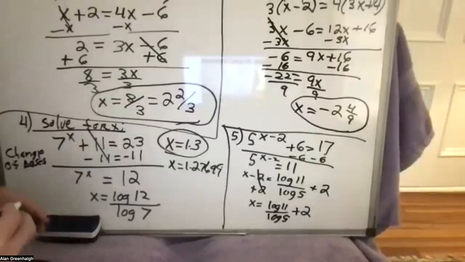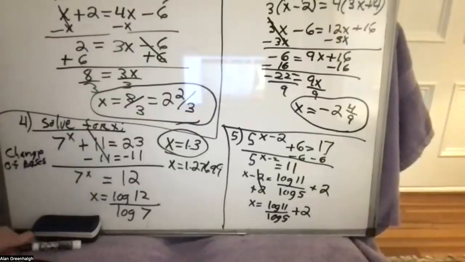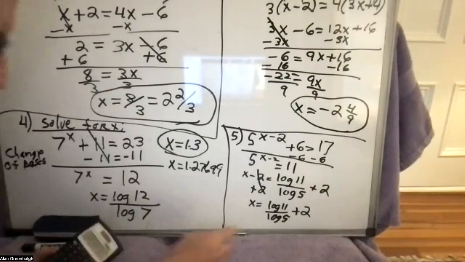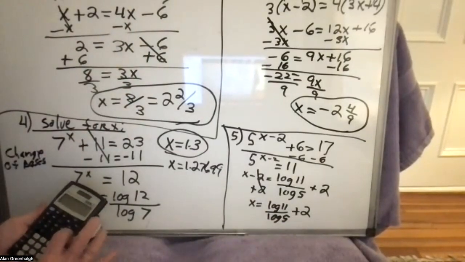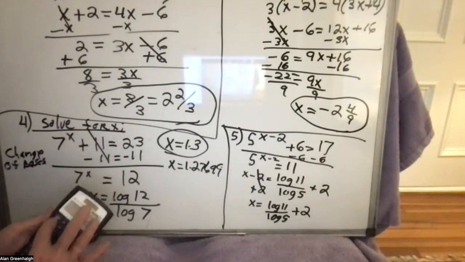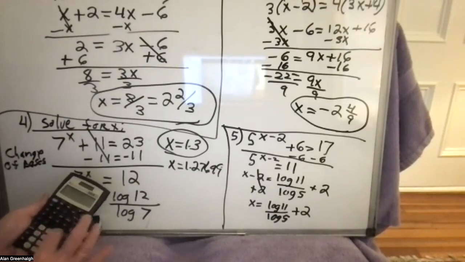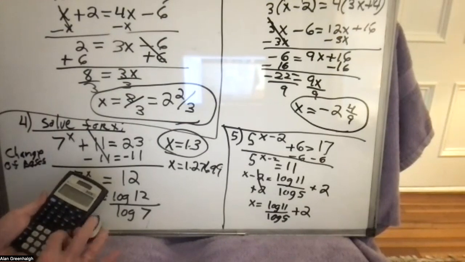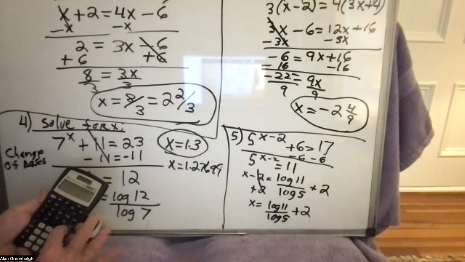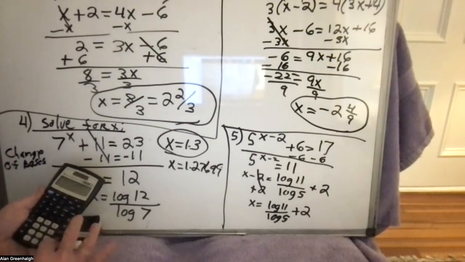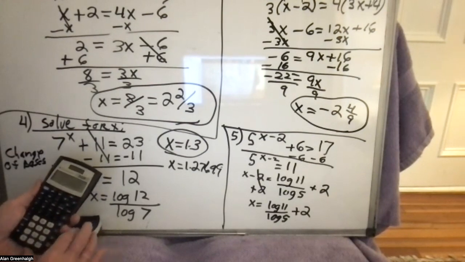Now, I'm not sure I would do that all in one step with the calculator. I think what I would do first is this, and then add the 2 afterwards. But let's check it out here. Log of 11 divided by the log of 5 equals 1.4.